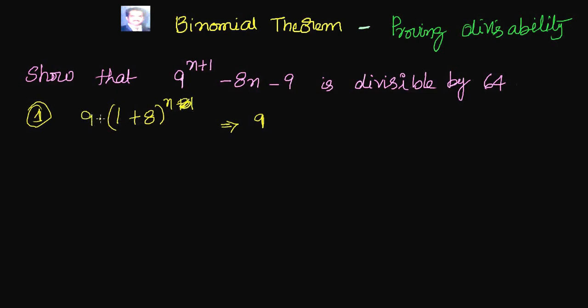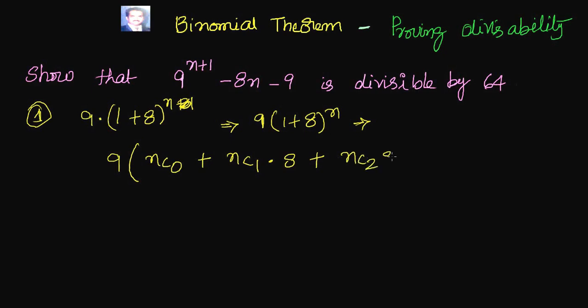So can I say this way? 9 into (1 plus 8) whole to the power of n is equal to 9 into nC0, which is always 1, you know that. nC0 into 1 to the power of anything is 1, plus nC1 into 1 to the power of n minus 1 into 8, plus nC2 into 8 square, plus nC3 into 8 cube.